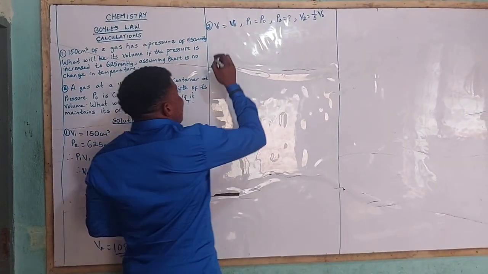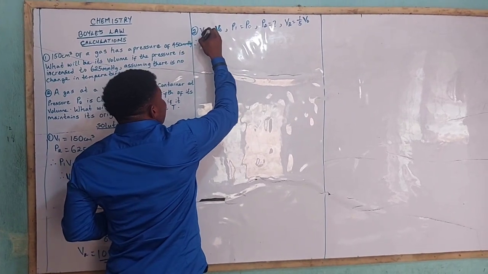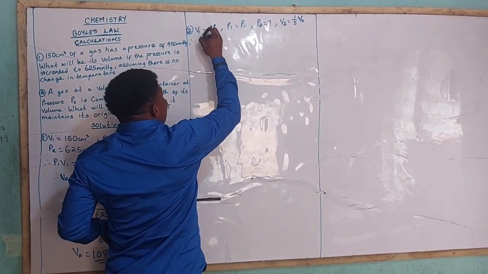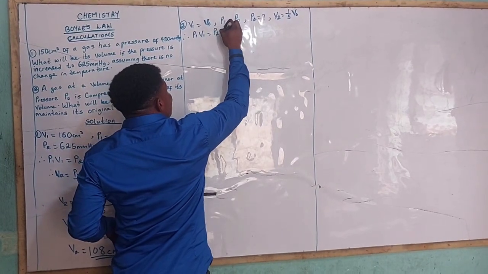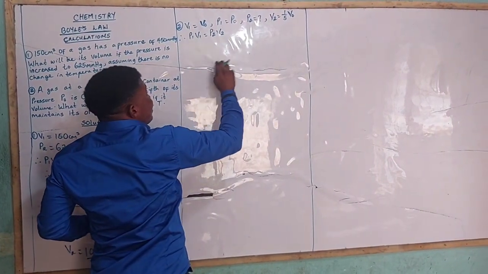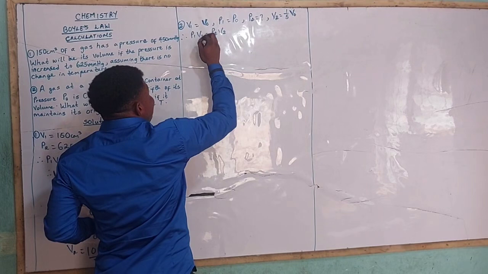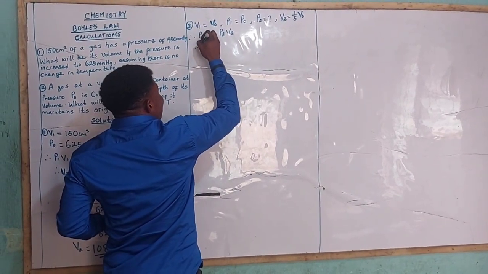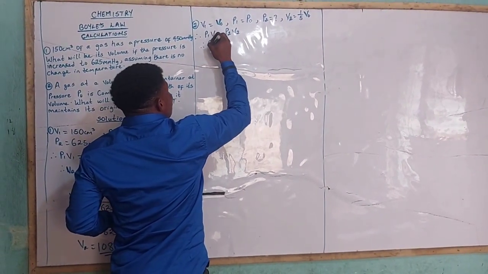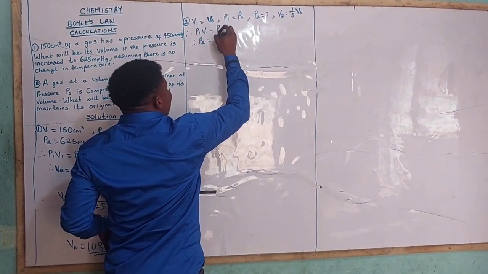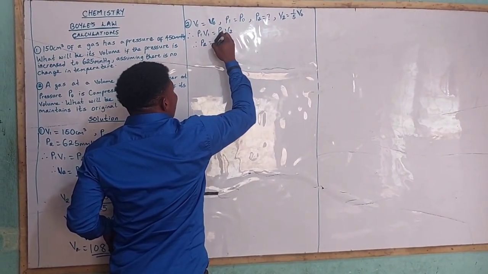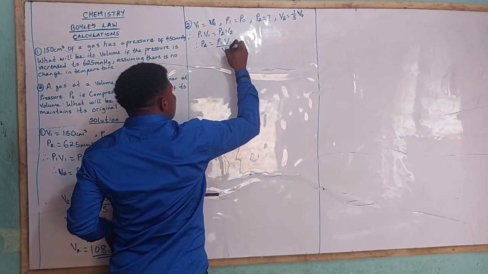Now let's apply the formula for Boyle's law to this. Easy. We have P1 V1 equals P2 V2. Making P2 the subject of the formula, we divide by V2. So therefore our P2 will be equal to P1 V1 over V2.